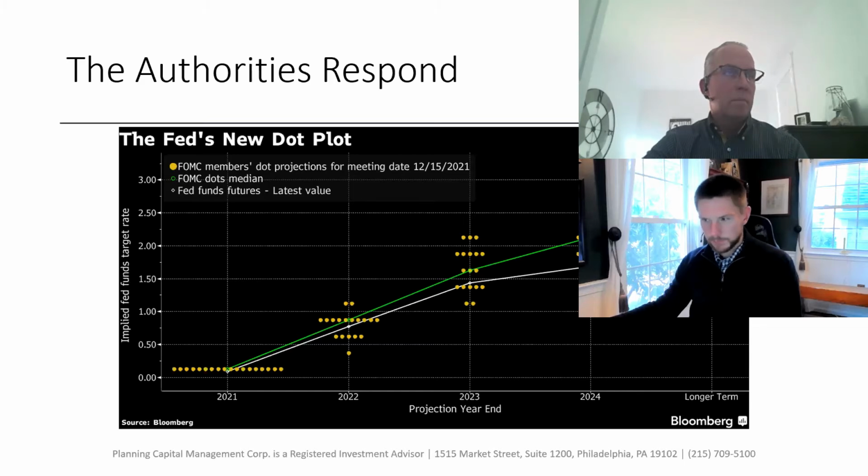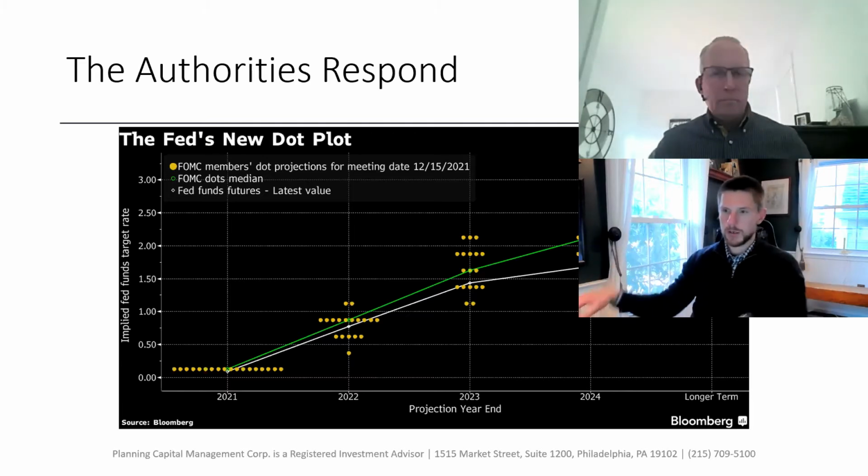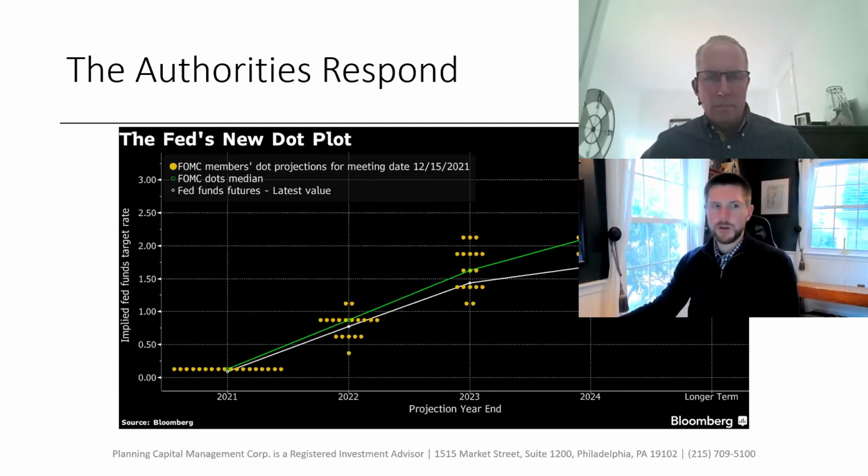They do essentially a 3-year horizon, and then what they call longer term. Each of these yellow dots on this chart represents a single vote of one of the Federal Reserve's board of directors.